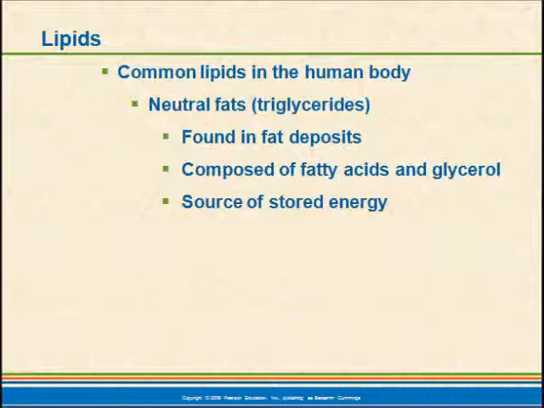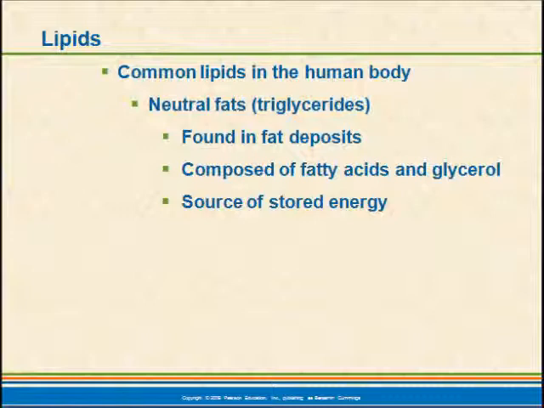And so it is a great compact storage material. Not only is it a good source of stored energy, it also acts as padding. We have lipids that surround our kidneys. It acts as insulation. It prevents us from freezing, and many animals have large layers of fat or blubber.